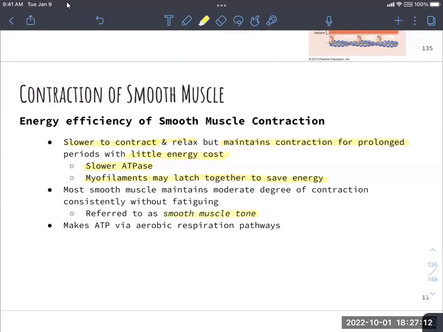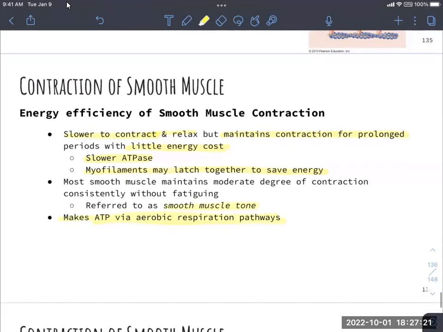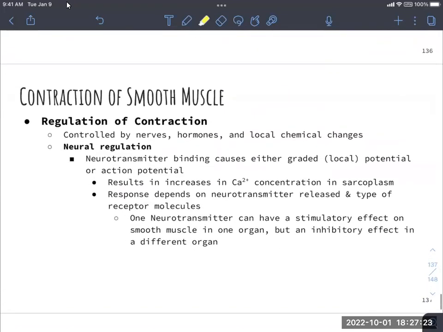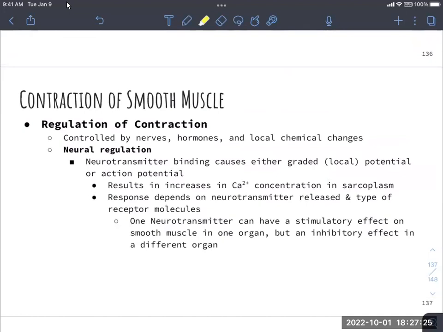We make ATP in smooth muscle via the aerobic pathways, that aerobic respiration. So our nerves, our hormones, and different chemical changes around those cells are what regulate the contraction of smooth muscle.